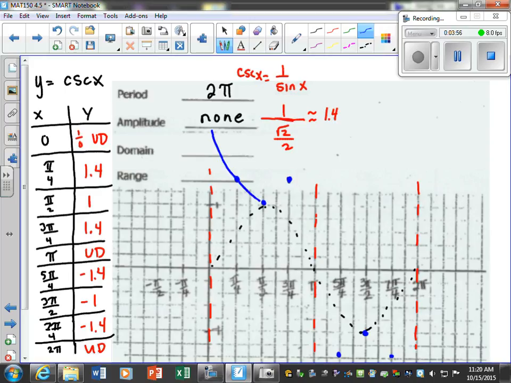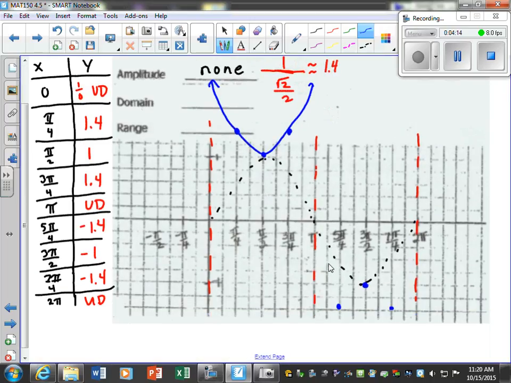If I was to approximate this, now remember that these are going to keep going. This will never cross this vertical asymptote right here. So this is never going to cross this asymptote, never going to cross this asymptote. And I come down here. Let me see if I can get a little bit further. And same thing.